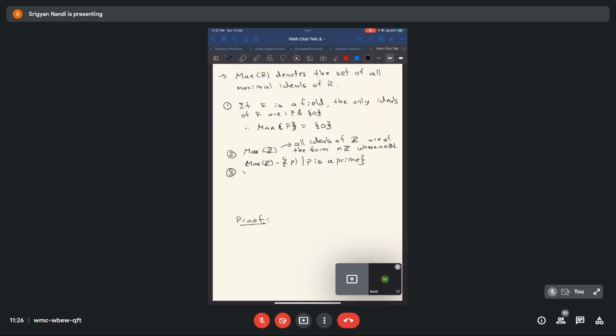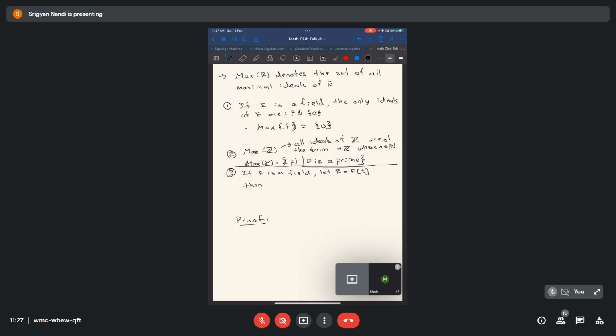So the last one: if F is a field, let R denote the ring of all polynomials over that field.